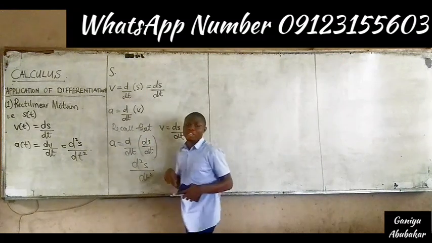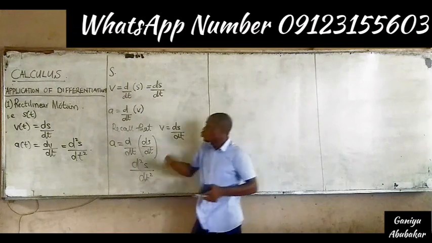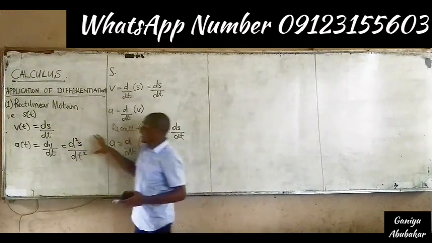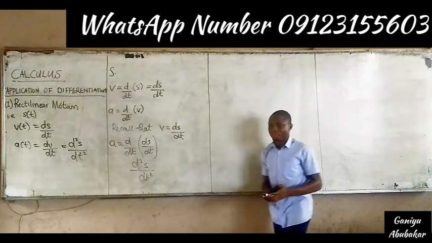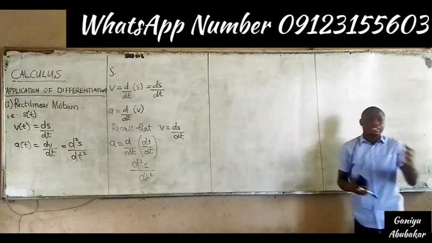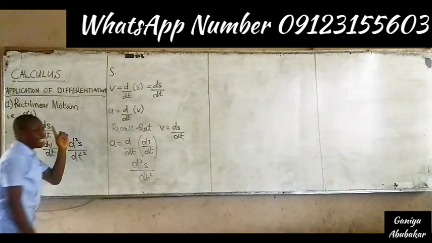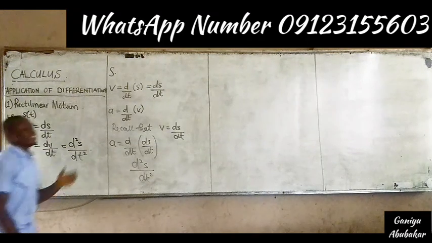That's the concept. So if you are given distance in the question, to get velocity, differentiate once. To get acceleration, differentiate twice.